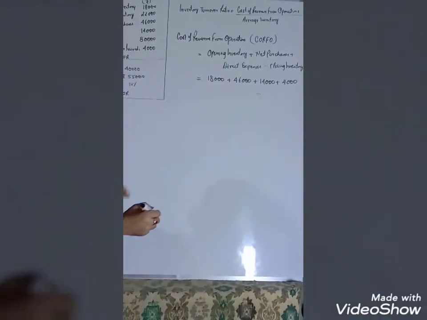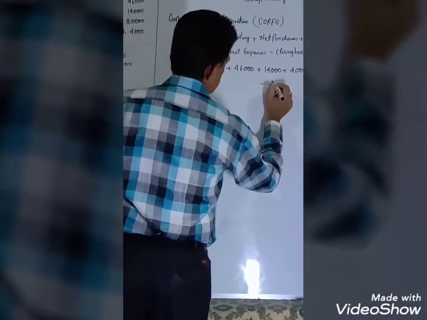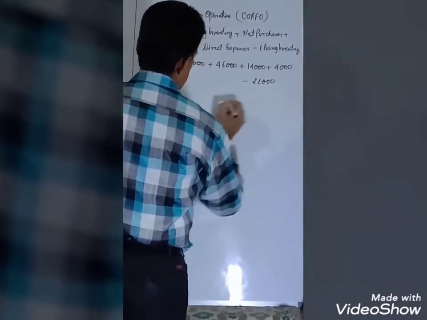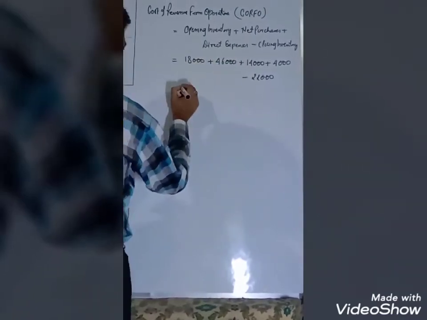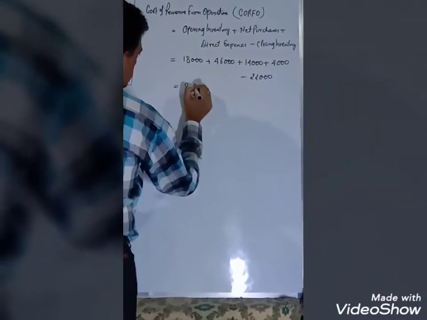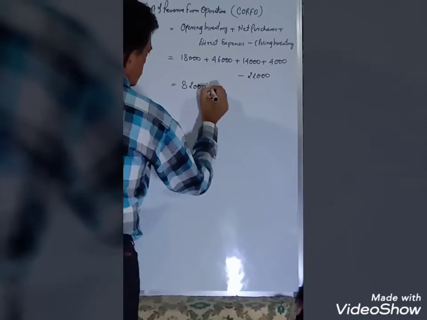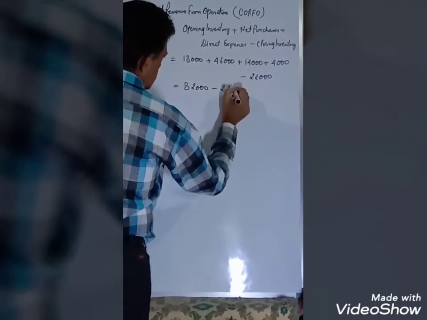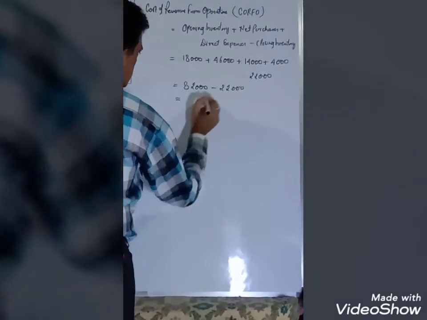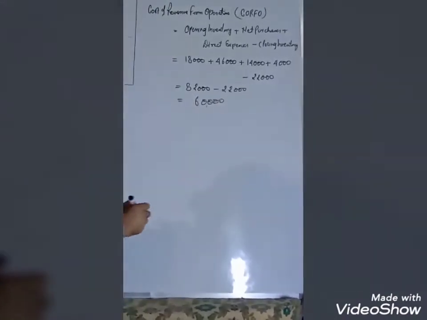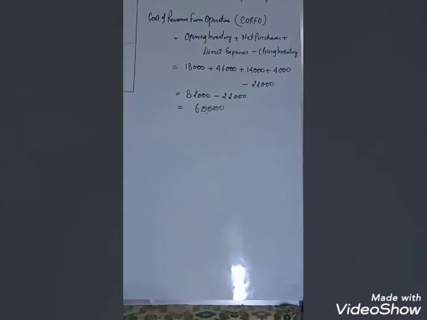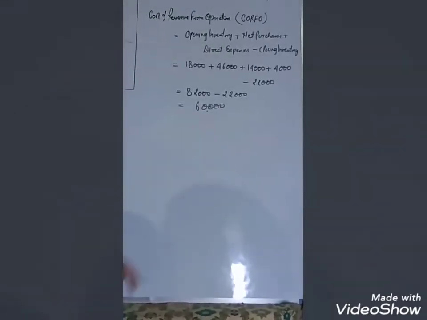Closing inventory is 22,000. 46, 14, 50, 60, 70, 82,000. 82,000 minus 22,000. This will become 60,000. Now we got cost of revenue from operations rupees 60,000.